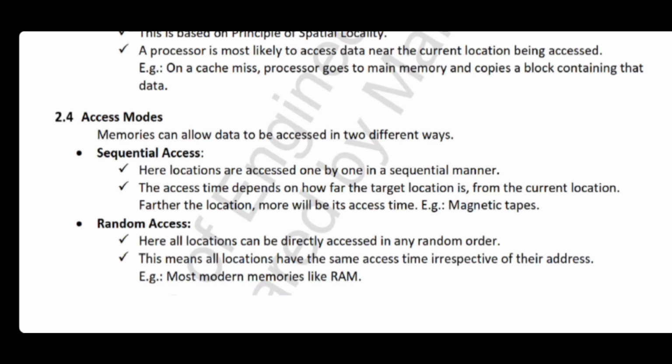That is, if you want to access the address 1000, it will move from 1 to 3, that is sequentially, and will reach the 1000 address, the data in the address 1000.